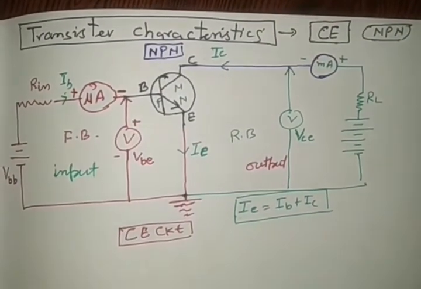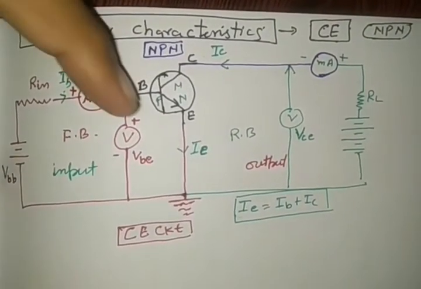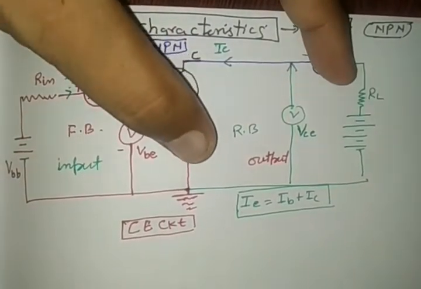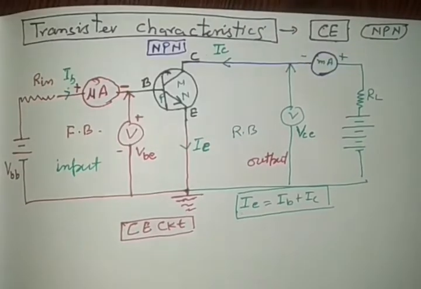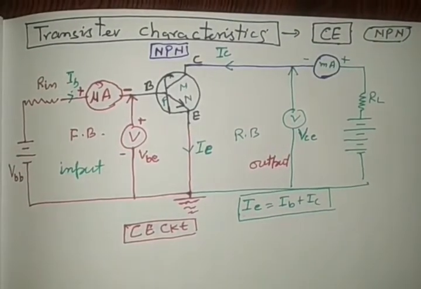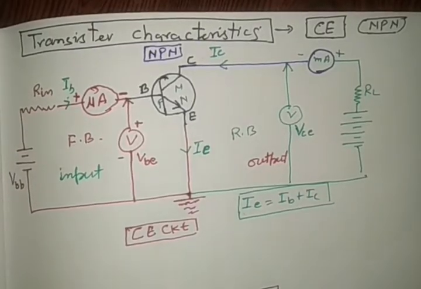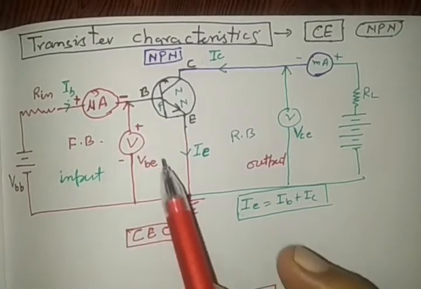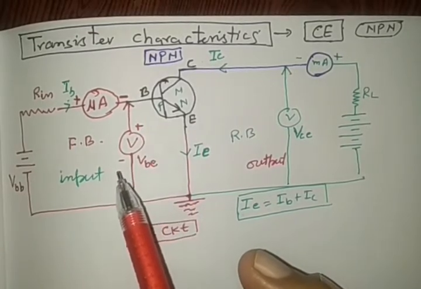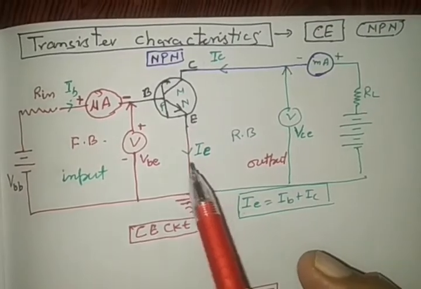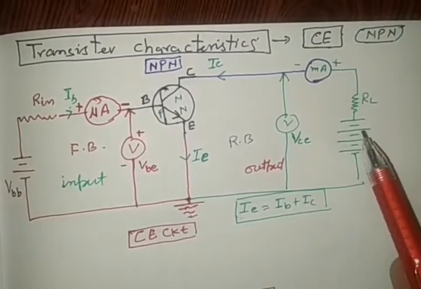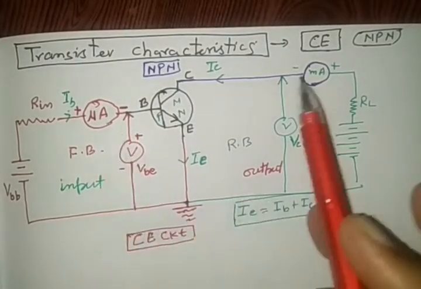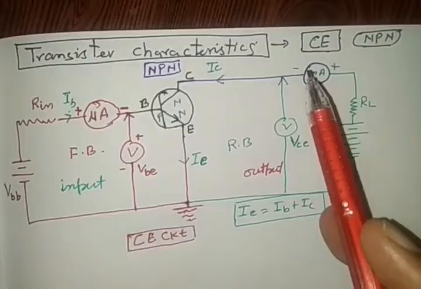Transistor characteristic is divided into two parts: one is the input characteristic and the other is the output characteristic. So to see the characteristic curves, see very carefully. Now, we are going to see the input characteristic first of all. In the input characteristic, the input voltage and output voltage are applied in such a way that the emitter in both circuits shows certain deflections.